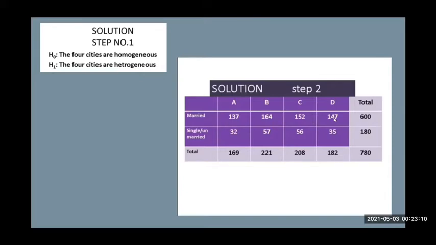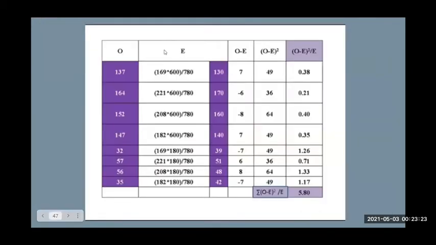And this will total to 600, and this will total to 180. This will total to 780, and this will total to 780. So this is our data. This is the observed, and this is the expected one.